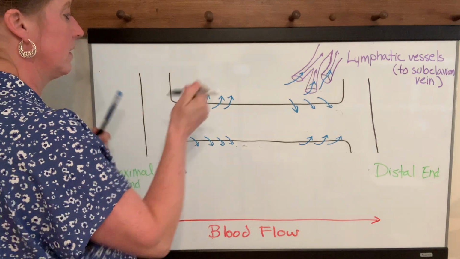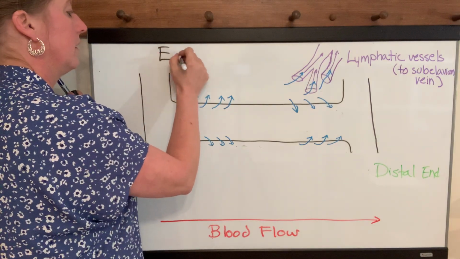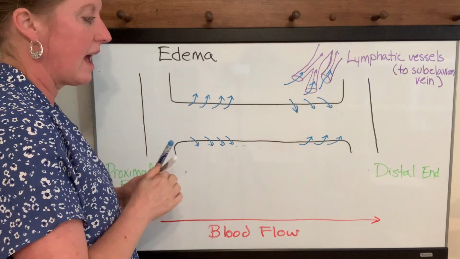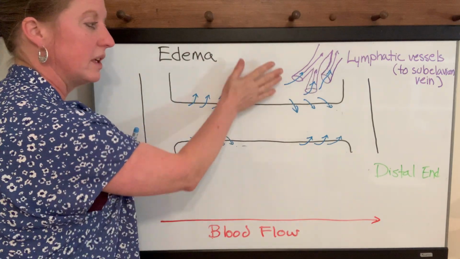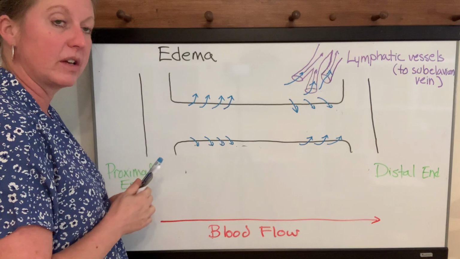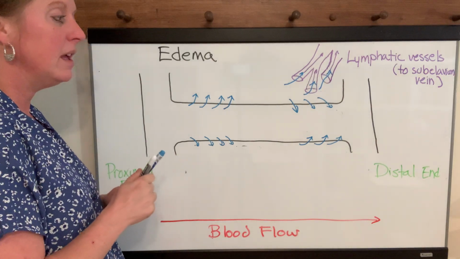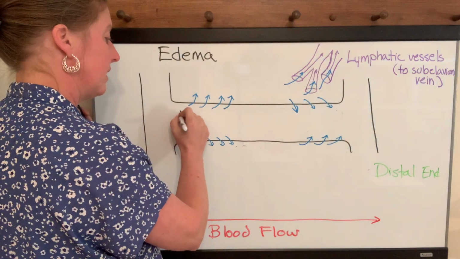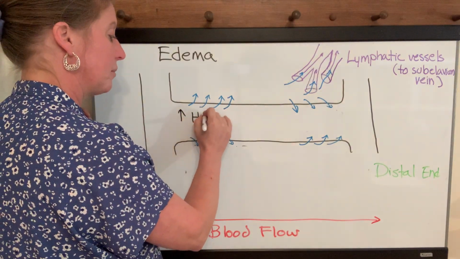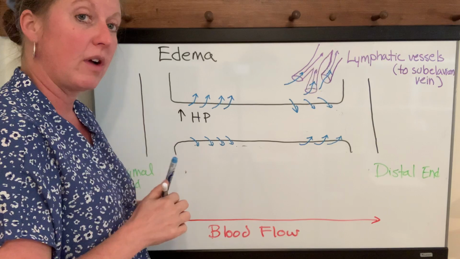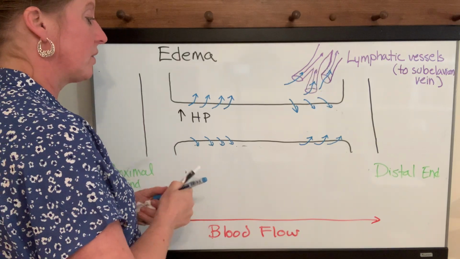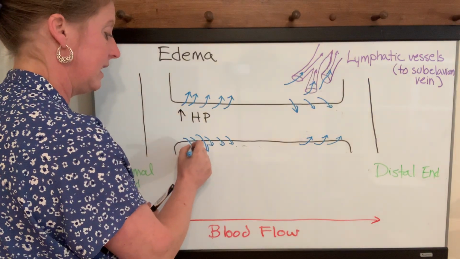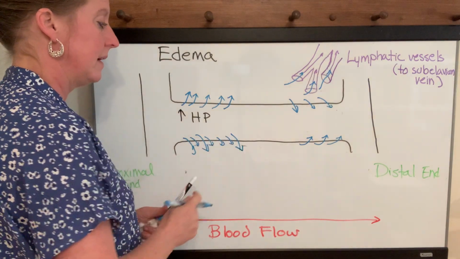Edema is defined as an accumulation of fluid outside of the capillary beds. Now, there are a number of things that can cause this. Anything that increases hydrostatic pressure, so if you have hypertension, that's going to increase the amount of fluid that leaves at the proximal end.